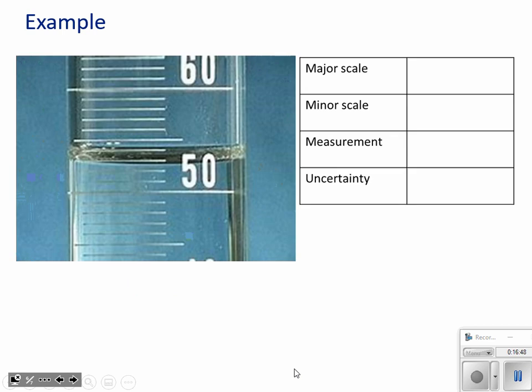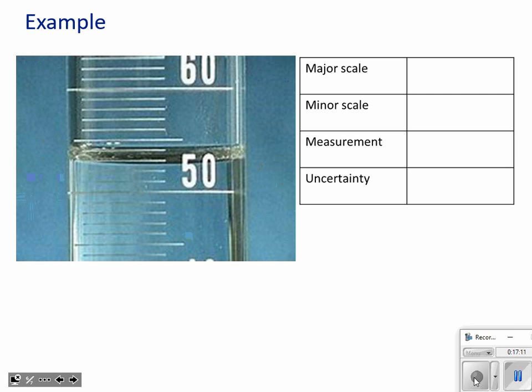So, here we go. Here is an actual picture of a graduated cylinder that is reading milliliters. So go ahead, fill in the boxes, and determine your range.